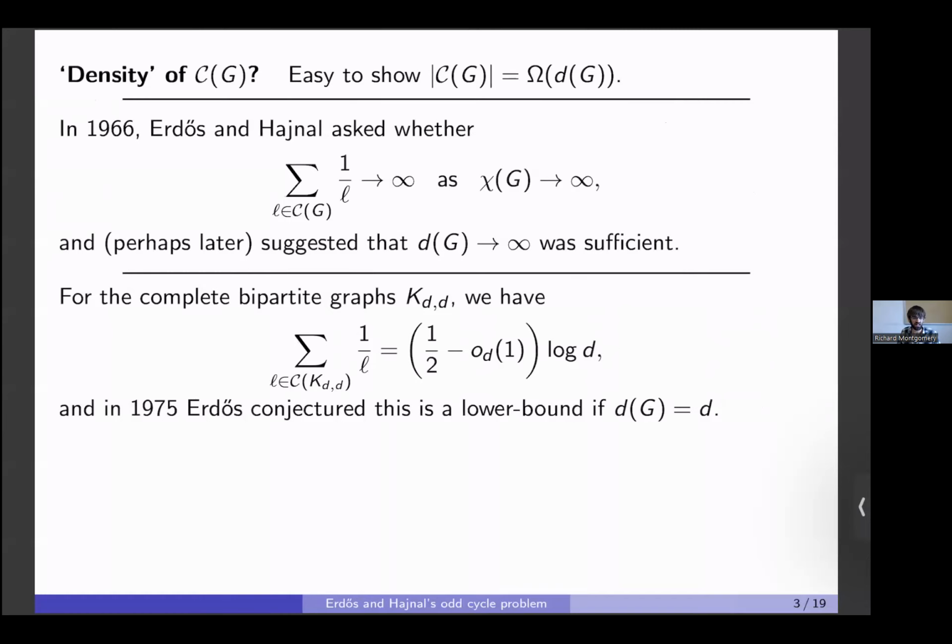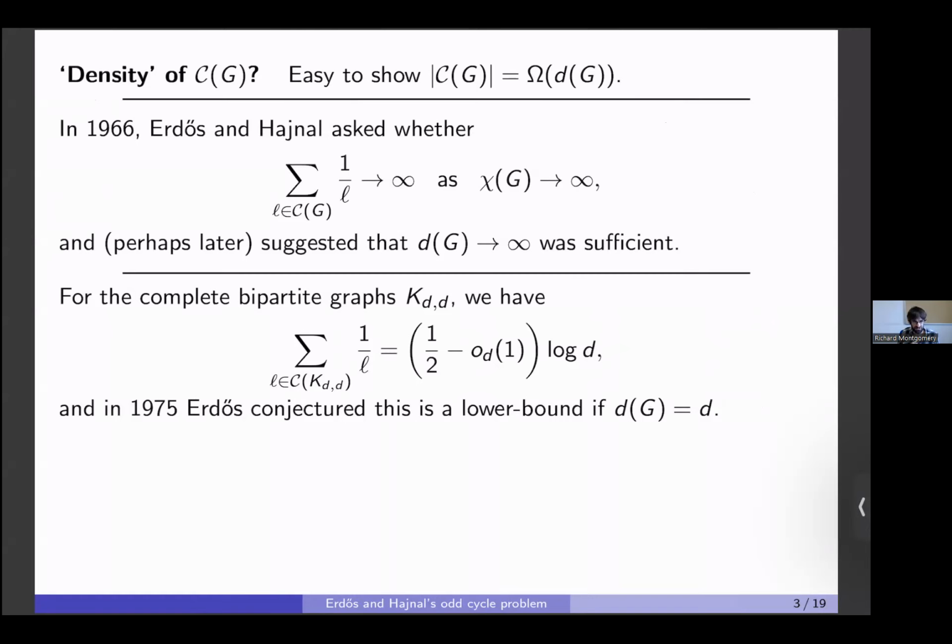Okay, and maybe let's note here what this sum of the reciprocals function might look like. If we just focus on the average degree, then note that for complete bipartite graphs, K_{d,d}, the possible cycle lengths go from 4 up to twice d.